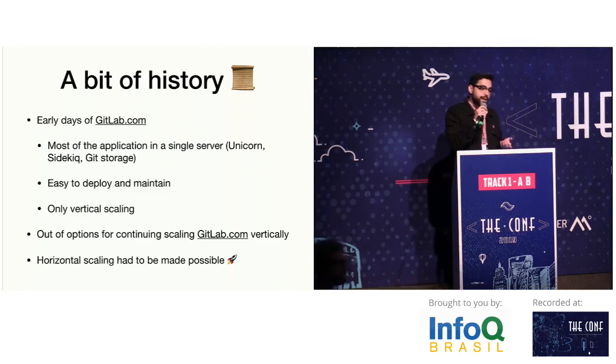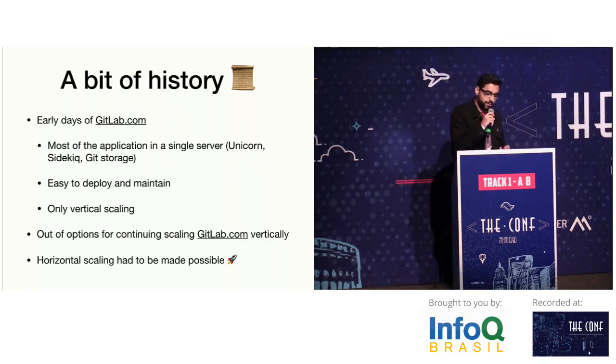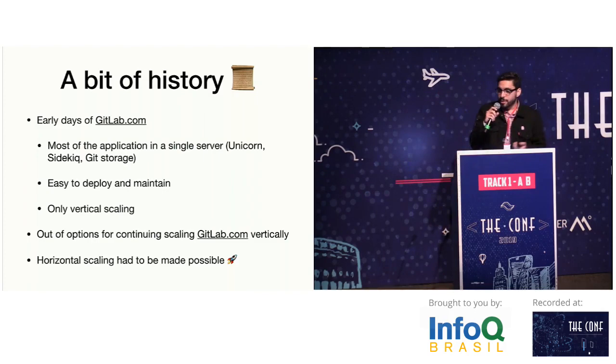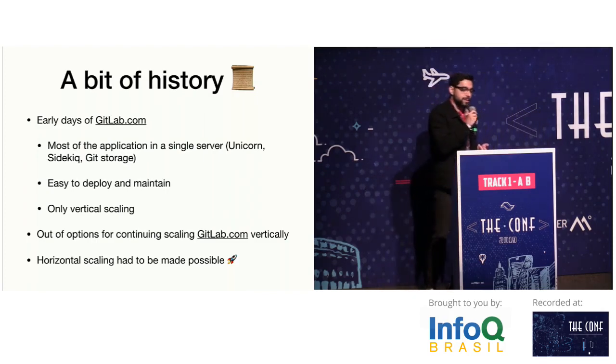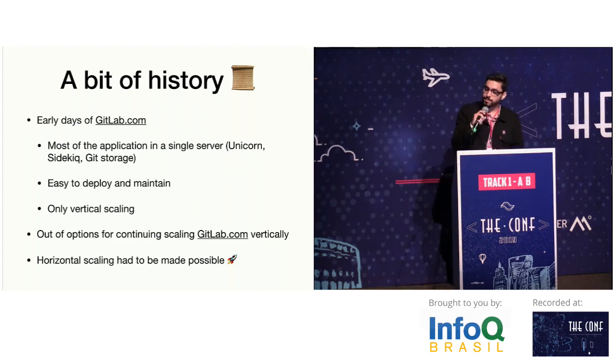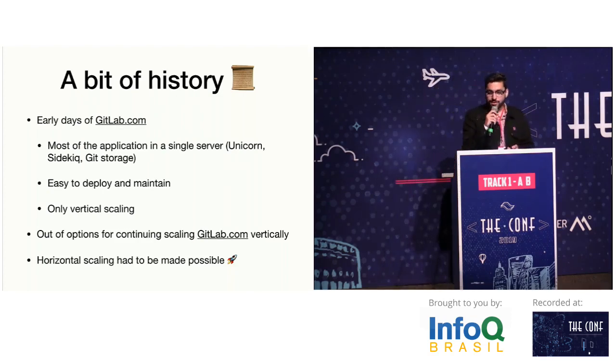With horizontal scaling, we would be able to keep adding new servers so that we could spread the load between those servers. We ran out of options to scale GitLab.com because it was running on a single machine, and the whole infrastructure was focused on that as well. So it had to be made possible.